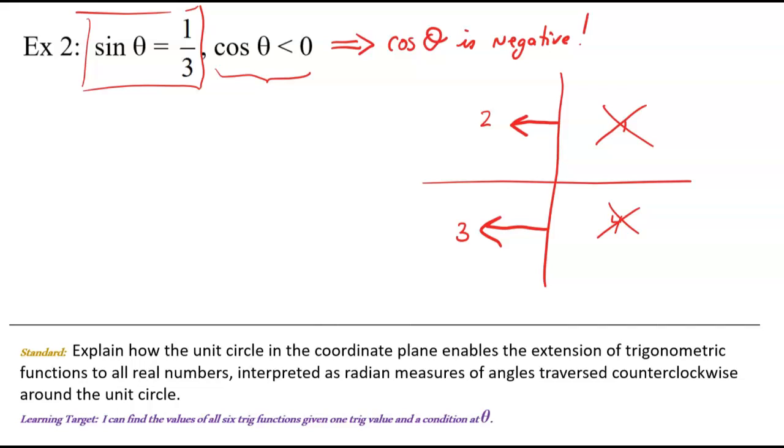But my sine value is positive, which means that my y value is positive. So if sine is positive, I have to be up. If cosine is negative, I have to be left. Well, up and left takes me into the second quadrant.